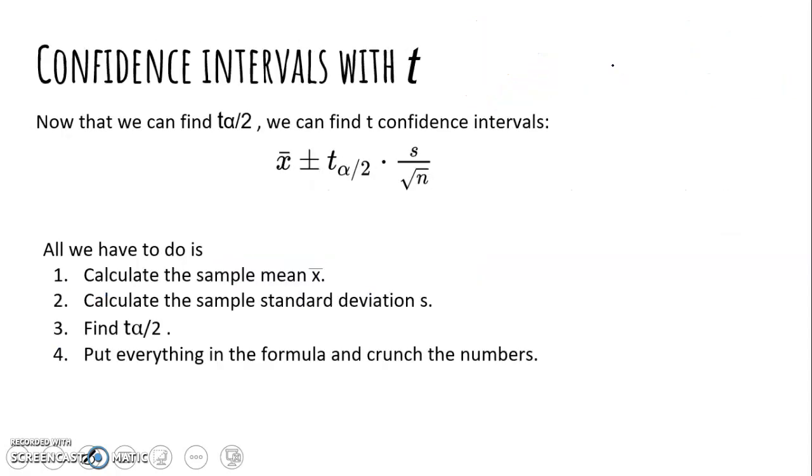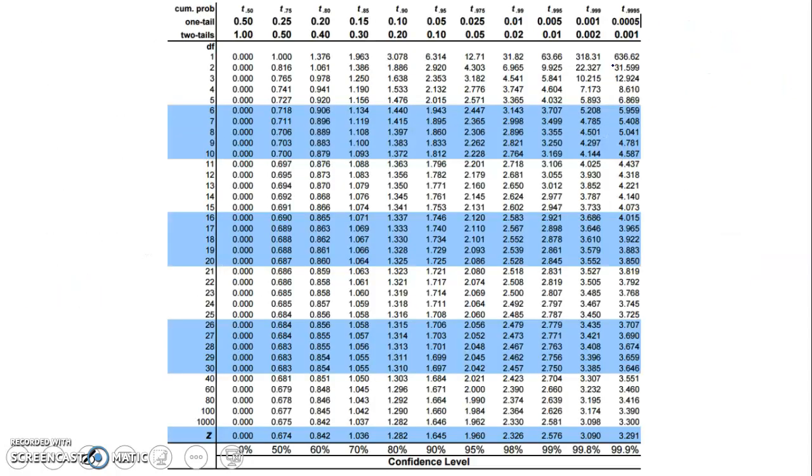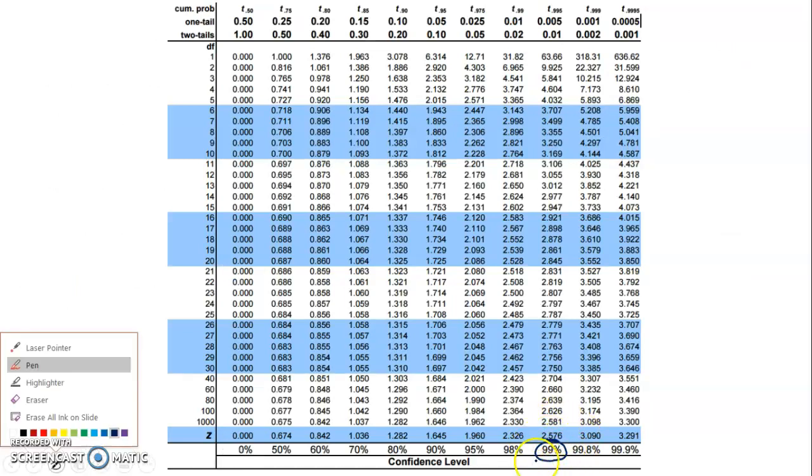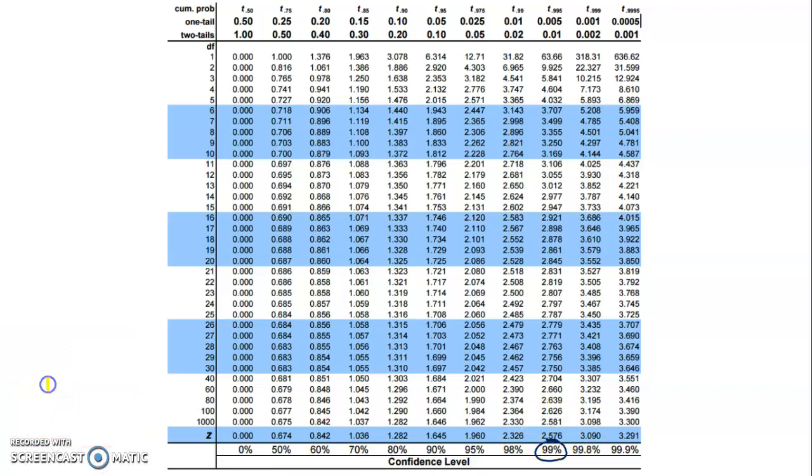So we're going to go forwards to our table, and we find our confidence level right here, which is 99%. Then we go to the left hand side of the screen and we find our degree of freedom, which is 11. We go across and see where it meets up.